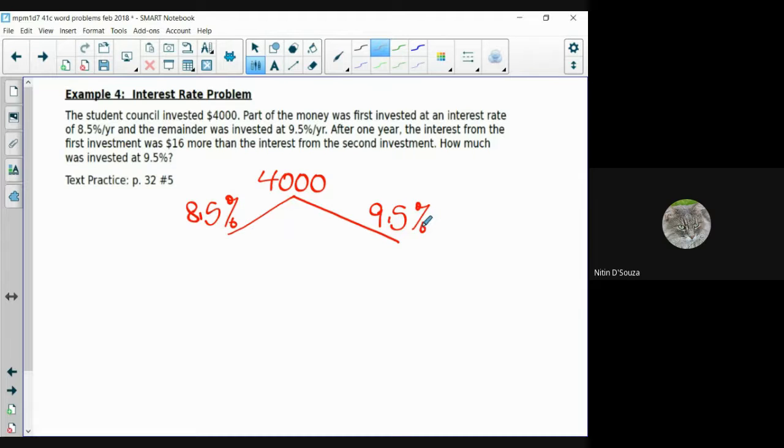Remember, 8.5% as a decimal is 0.085, and 9.5% as a decimal is 0.095. Okay? When I take this amount and add it, I get 4,000. So suppose this is X dollars, and suppose this is Y dollars.